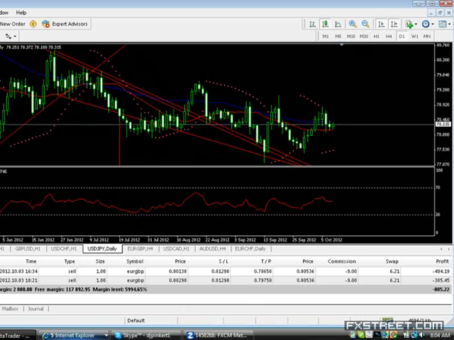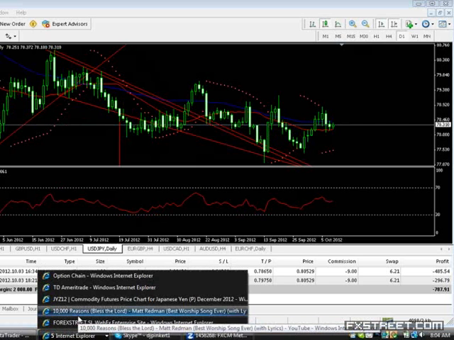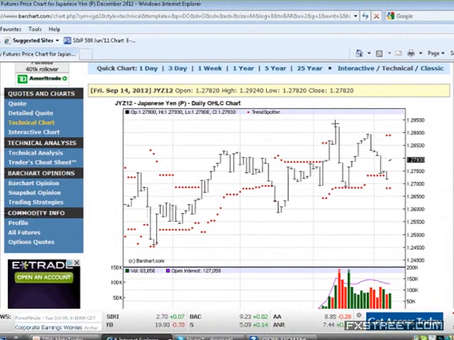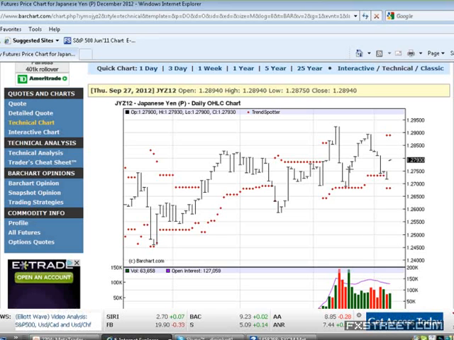Here's a low in the yen, and here's the high in the yen. So a few of the pairs are inverted in cash compared to futures. USD CAD is the same way, and USD Swiss. So something to be aware of: they're going to be moving in opposite directions compared to cash FX. Give me a Y if you get that.